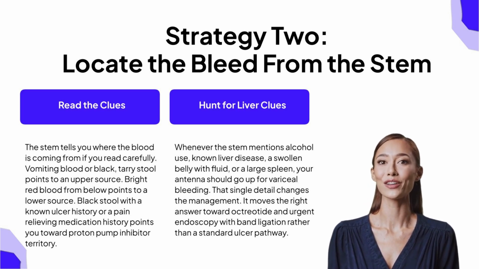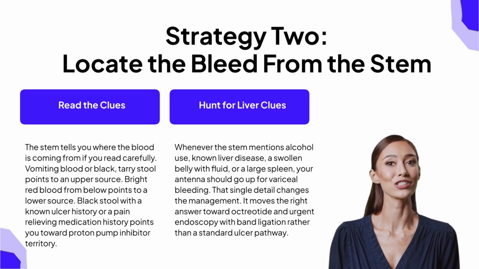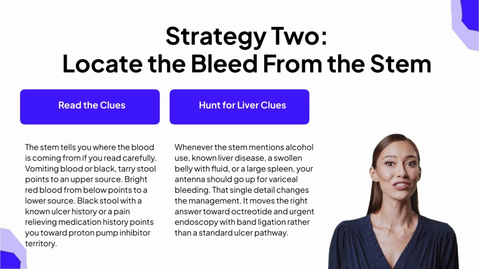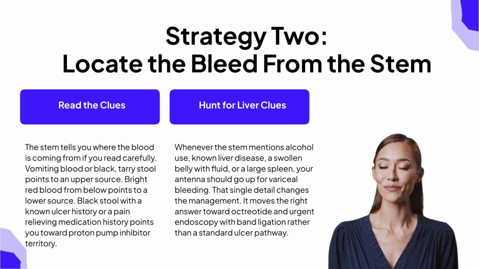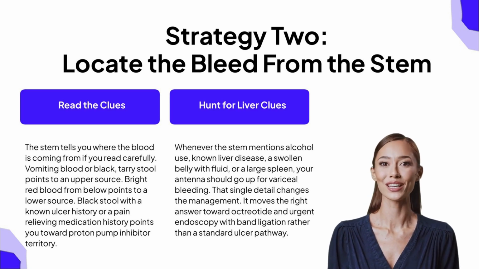That one detail is not background color. It is the test writer steering you away from the standard ulcer pathway and toward variceal management with octreotide and urgent endoscopy with band ligation. If the stem instead emphasizes a painful ulcer history or chronic use of a pain-relieving medication, that points you toward an ulcer and toward proton pump inhibitor therapy. Read for the source, and the right treatment follows.